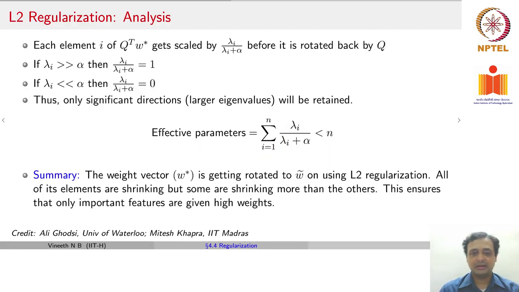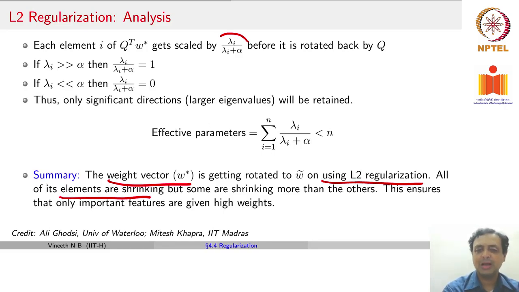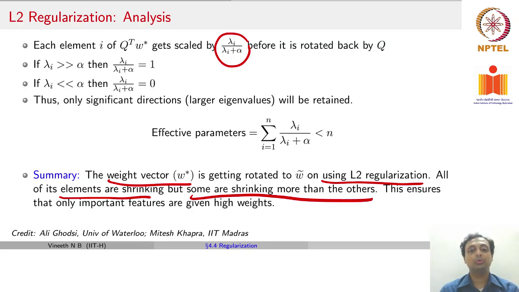The summary here is that your original solution W star is getting rotated to W tilde when you do L2 regularization, and all of its elements shrink. Why so? Because lambda_i by (lambda_i plus alpha) is always less than 1 as long as alpha is a non-zero value, which means all of its elements are shrinking, but some are shrinking more than others depending on those eigenvalues lambda.